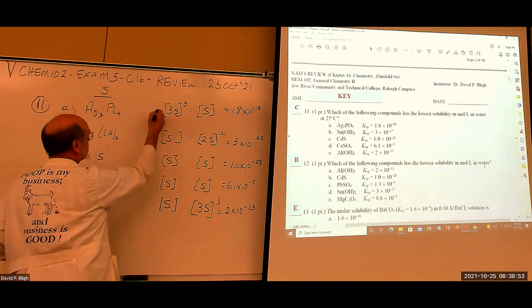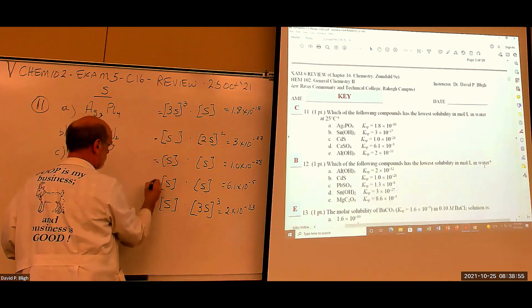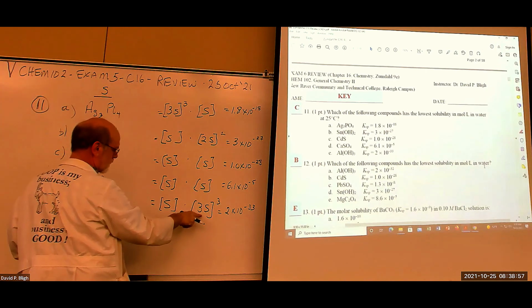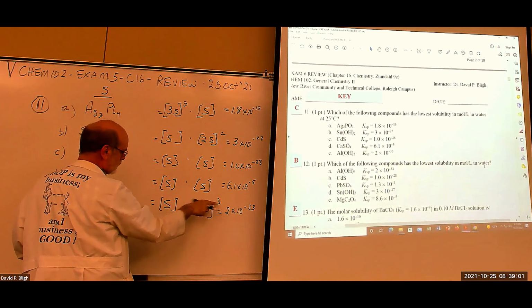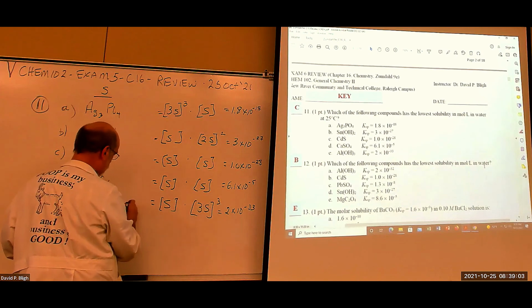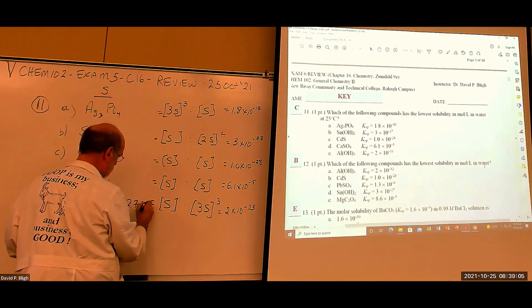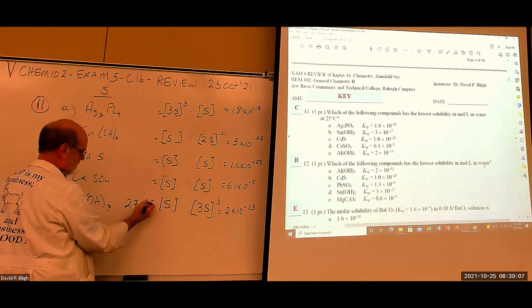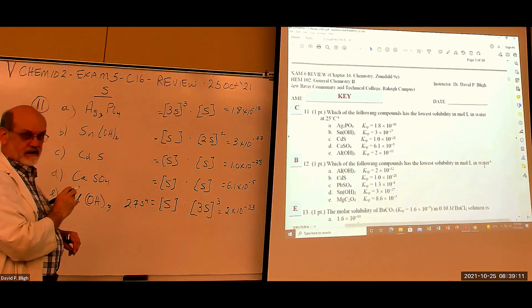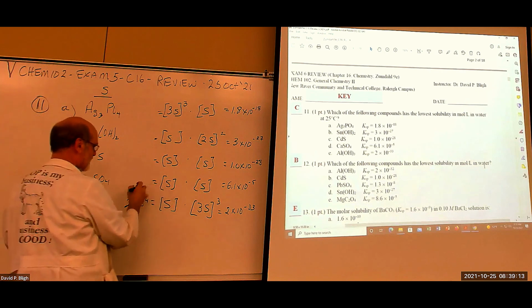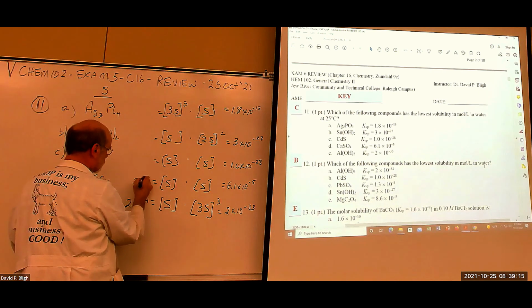Okay. Let's see. Let's do this. This is going to be 27 S cubed times 1 S to the 4th. Good so far? Okay. This one's just going to be S squared.